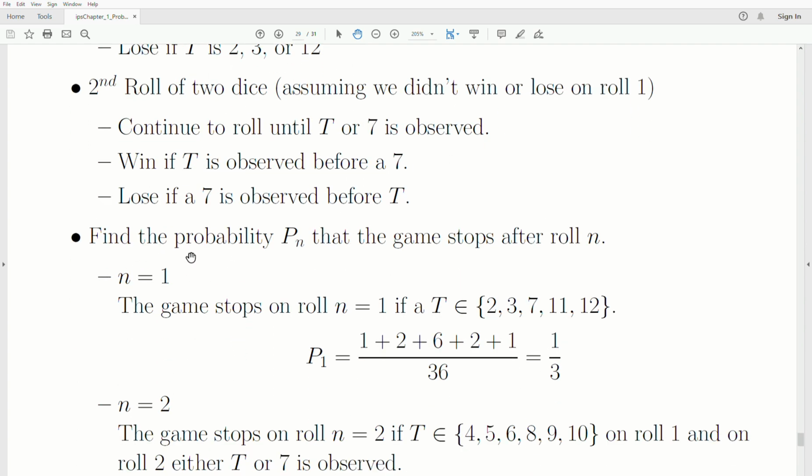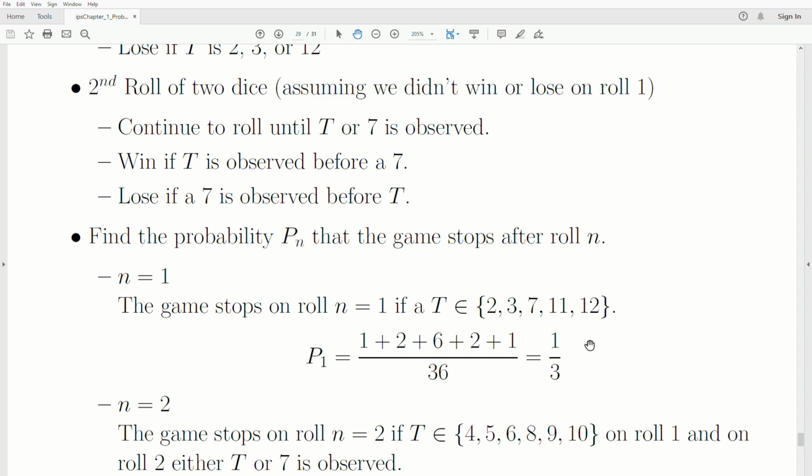So find the probability Pn that the game stops after roll n. And we'll just go through this incrementally until a formula emerges. When n equals 1, the game stops on roll 1 if the point is one of these 5 numbers: 2, 3, 7, 11, or 12. The game instantly stops and you either win or lose.